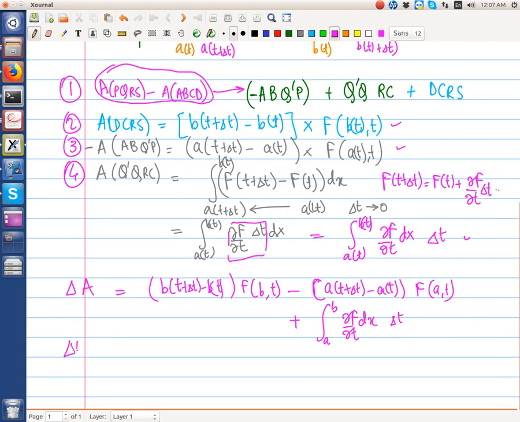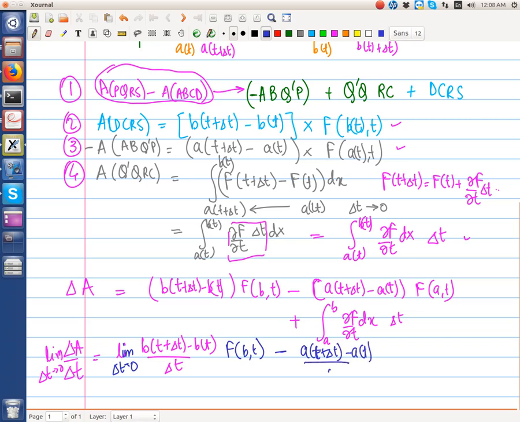Okay, so delta area by delta t is therefore b at t plus delta t minus b at t by delta t, we take the limit delta t tends to 0, times f at b comma t, minus a at t plus delta t minus a at t by delta t times f at a comma t, plus the integral a to b of del f del t dx.